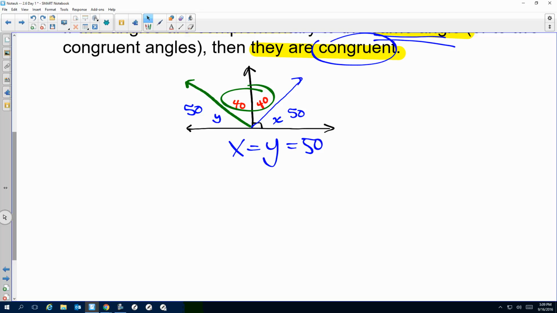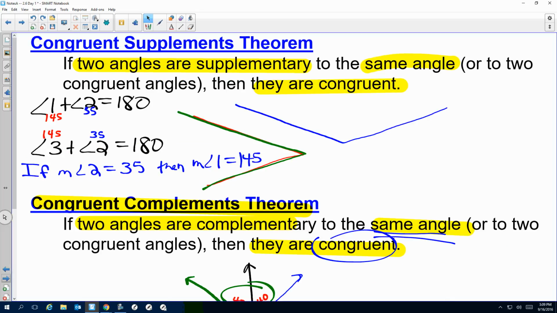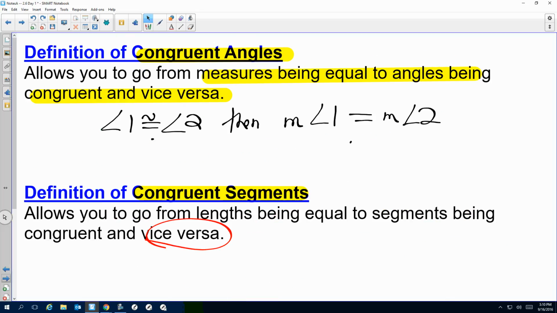Okay, the last thing, your last two boxes, right here, are dealing with the definition of congruent angles or congruent segments. It's the same relationship. The key to this is vice versa, meaning I can go in both directions.